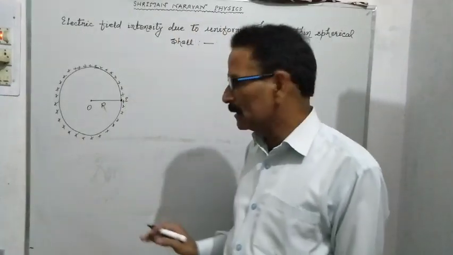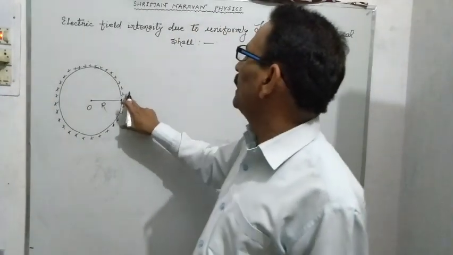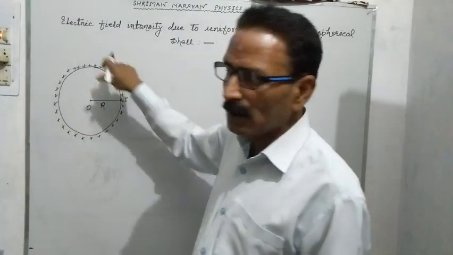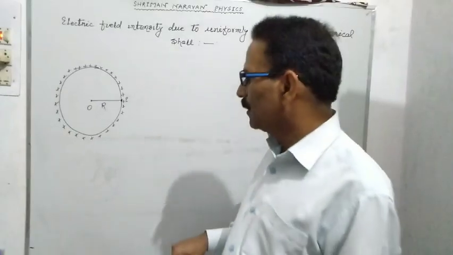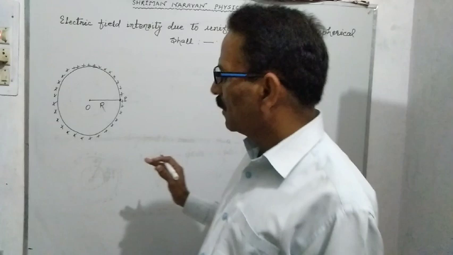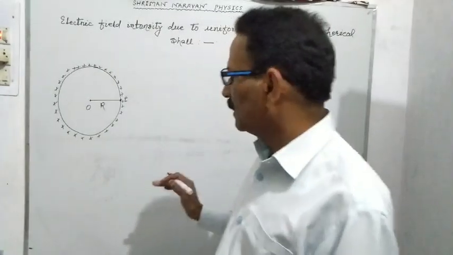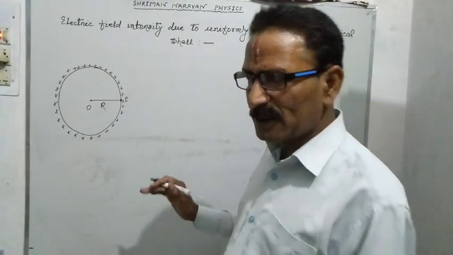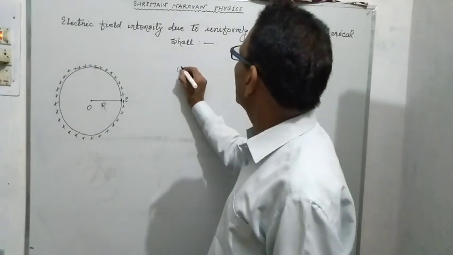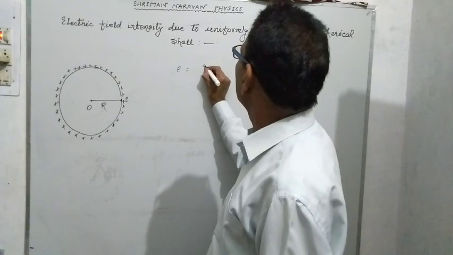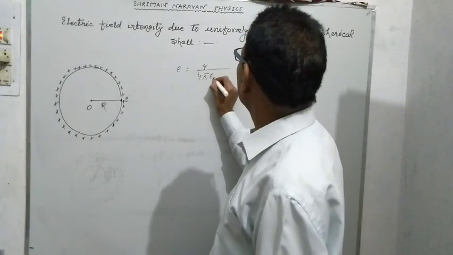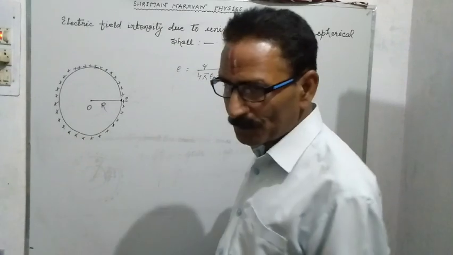My dear students, this observatory point P can lie at any point on its outer surface. So in such a situation, for the external point, the field which I have already discussed to you has the formula Q divided by 4 pi epsilon naught into r square.